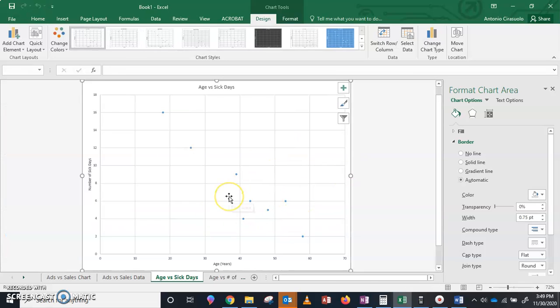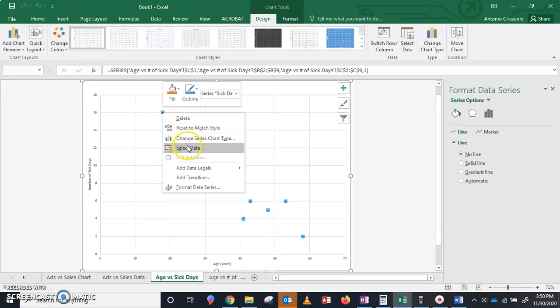And it creates its own chart in its own page. Now looking at this, you can see that the trend tends to be that it's going down to the right. So we should expect our R value to be negative.